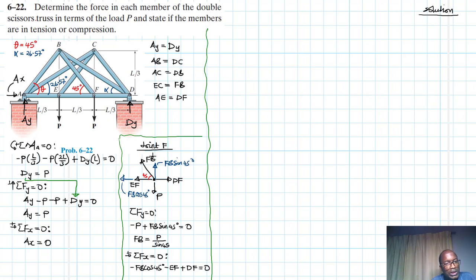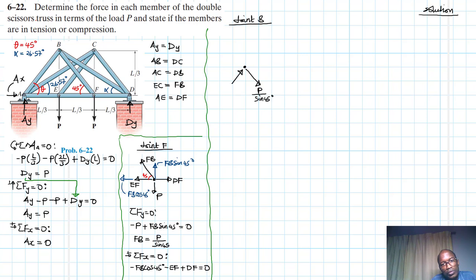So we are done with joint F, and we found FB, so we can go to joint B. So joint B, we have FB itself, which is just equal to P divided by sine 45, and then let's assume these are in compression.